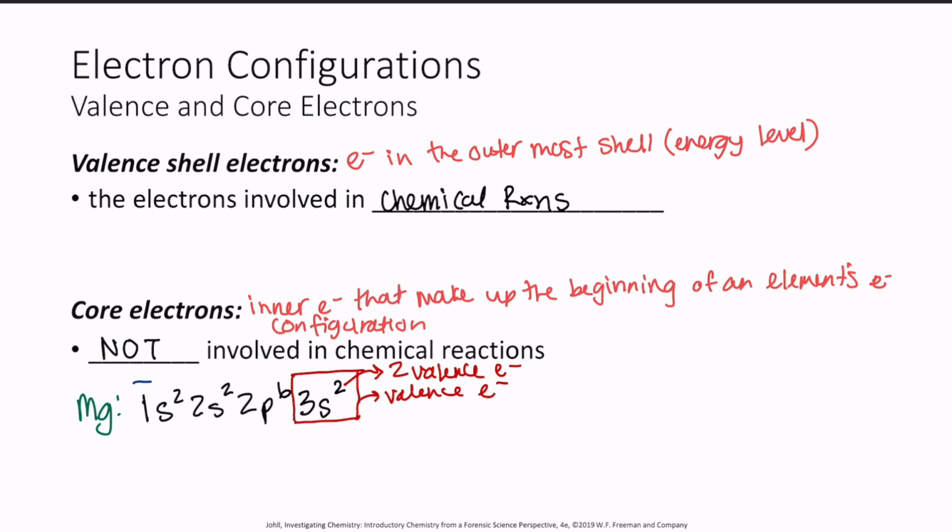All of these other electrons that are not the valence electrons, these are our core electrons. So for magnesium, I have 2 electrons in the 1s, 2 electrons in the 2s, and 6 electrons in the 2p for a total of 10 core electrons.